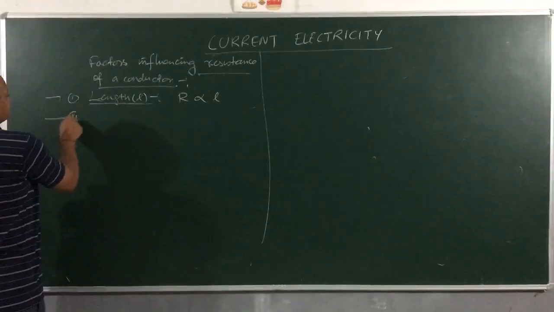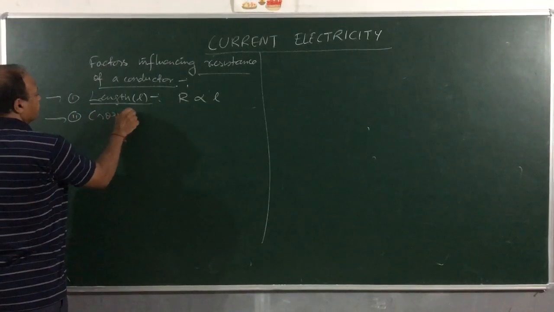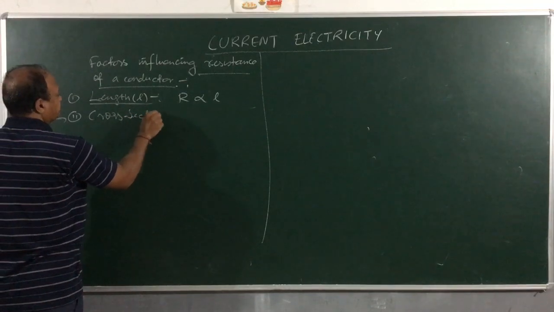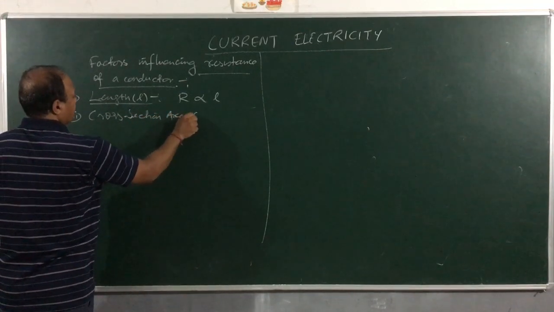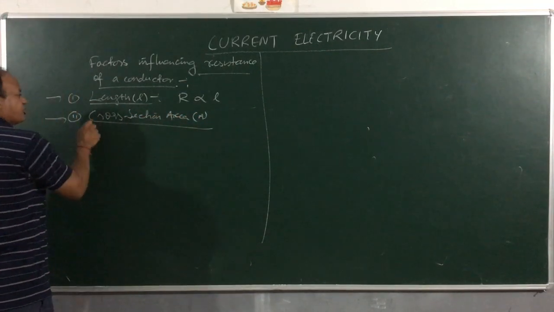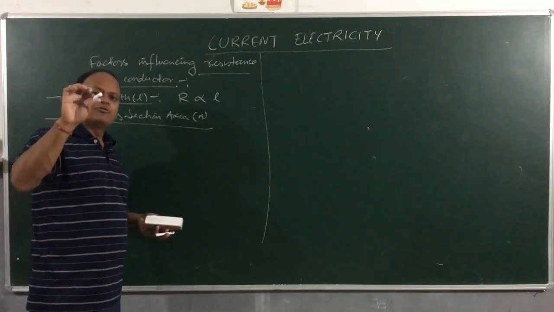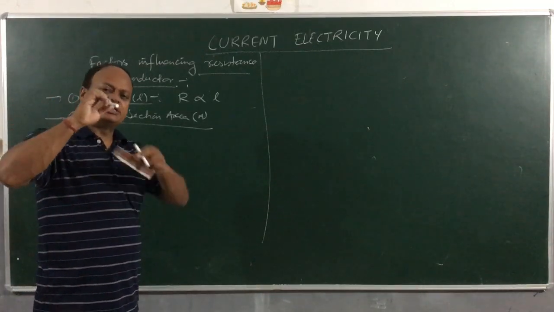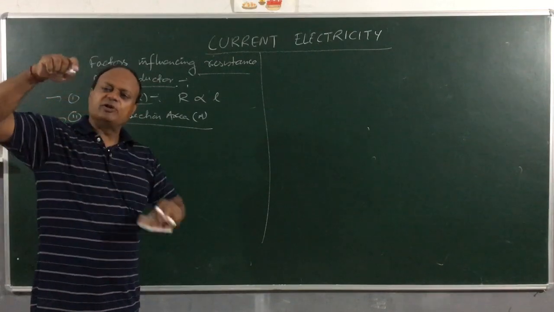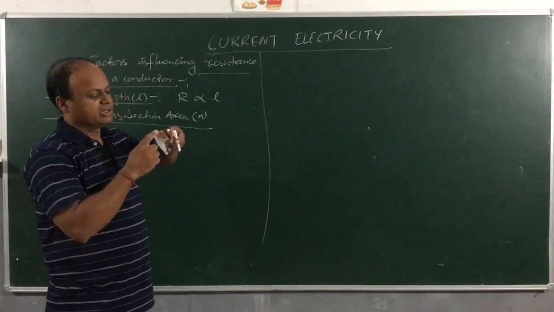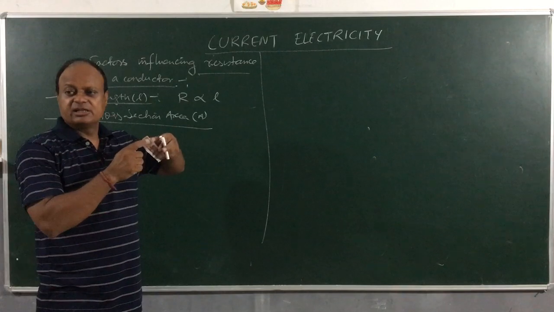Number 2, cross section area A. The second factor is cross section area. Now see, I have one conductor whose cross section area is very small, and another conductor whose cross section area is more.